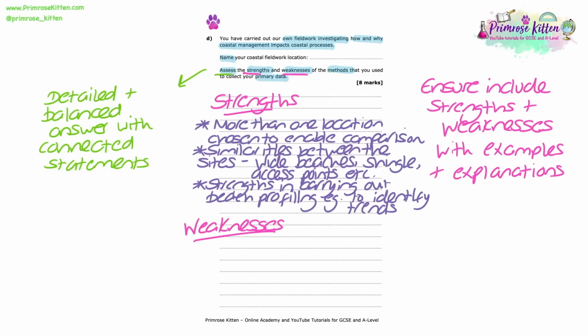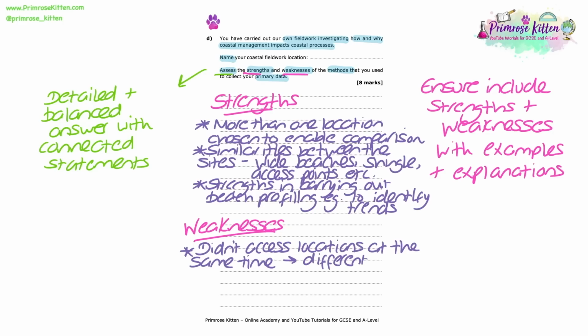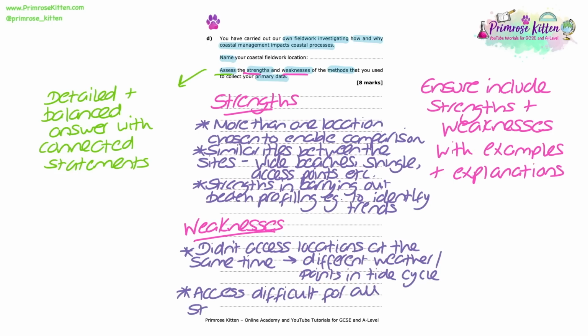Weaknesses, on the other hand, might include that the locations were accessed at different times, which could lead to different weather conditions and different points in the tide cycle, all of which might impact the results that you got. You might also have found access difficult for all students in your group. For example, you might have needed permission from a landowner.